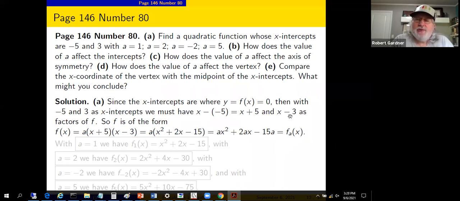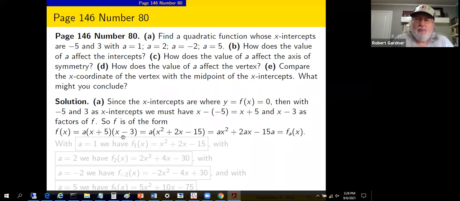These must be factors. The only way this function could equal 0 is if it has x plus 5 and x minus 3 as factors. So this function must be of the form a, the leading coefficient, times x plus 5 times x minus 3.